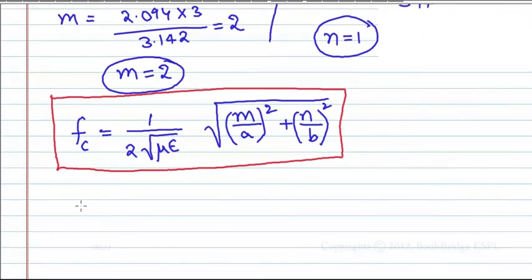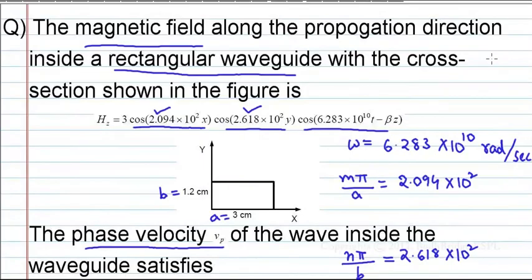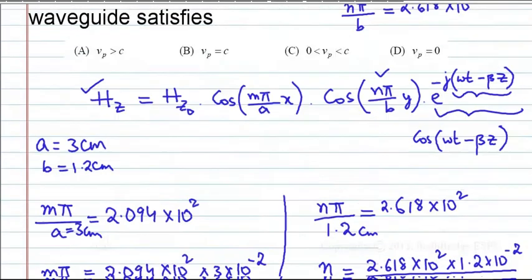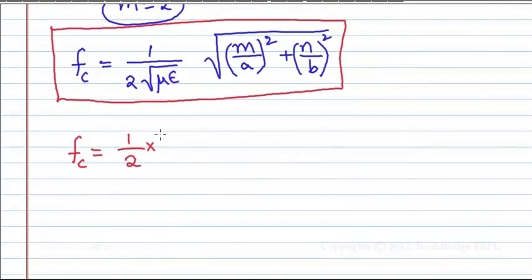Let us just calculate the cutoff frequency. 1/2 into, what is 1/√(με)? He has not given mu and epsilon, so we can assume free space. Therefore, it is 3 × 10⁸ meter per second.